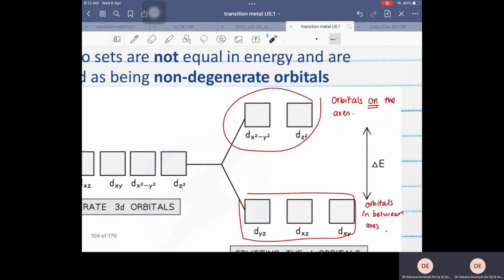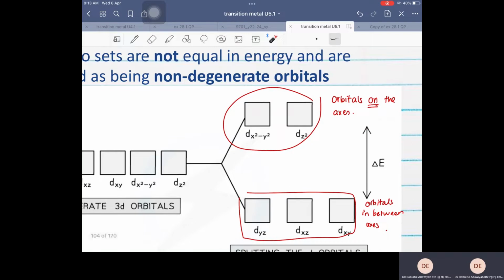The orbitals that sit in between the axes will not meet the ligands directly. They will feel some repulsion, but they don't meet because the ligands are coming on the axis. These orbitals sit in between the axes, so they only feel less repulsion, hence the energy is a little bit lower.